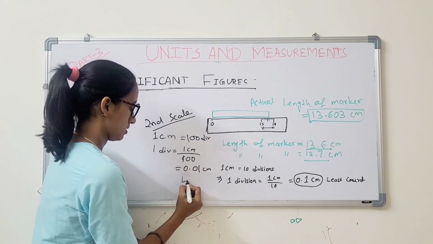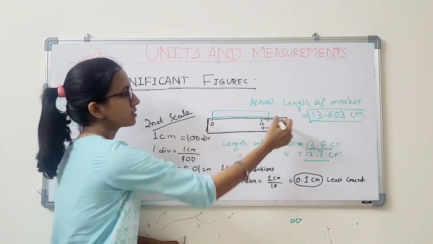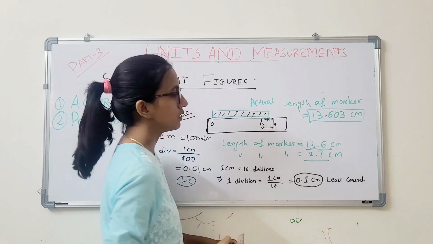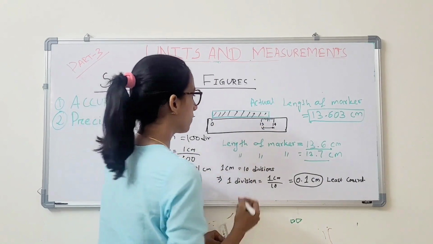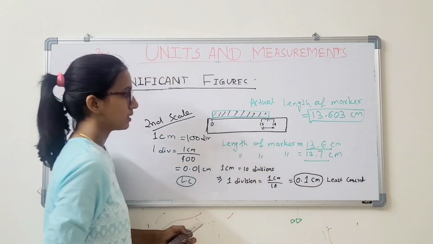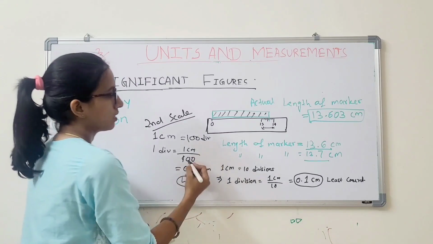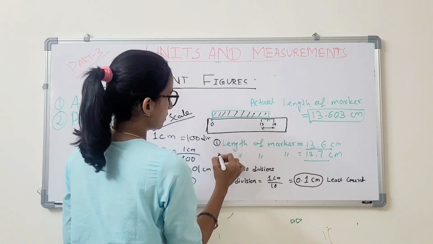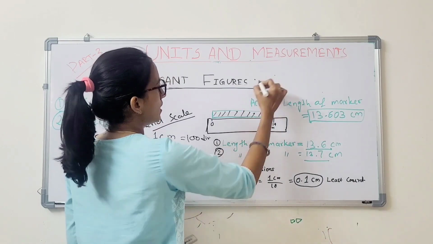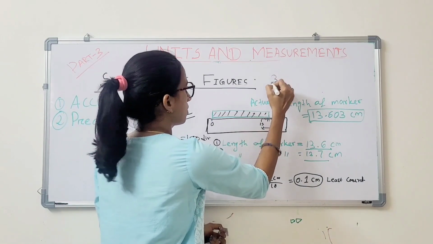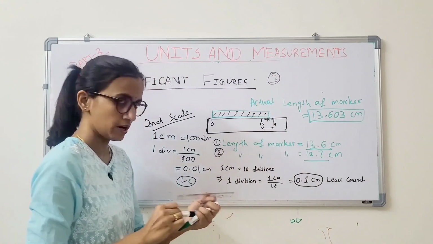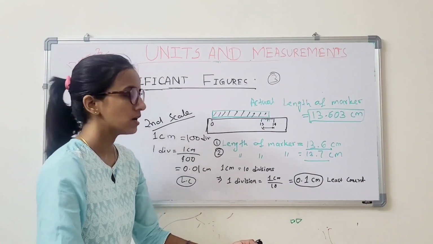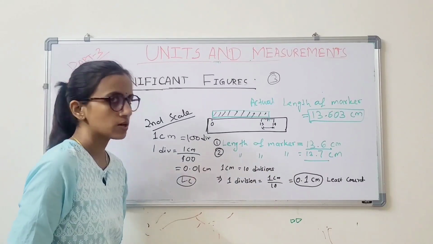So while she measured this marker pen's length with her scale, she found that the length of the marker pen is coming like 13 point, this is observation 1, this is observation 2, and another observation 3, which is done by my friend Sushmita, who has a different scale with different least count.